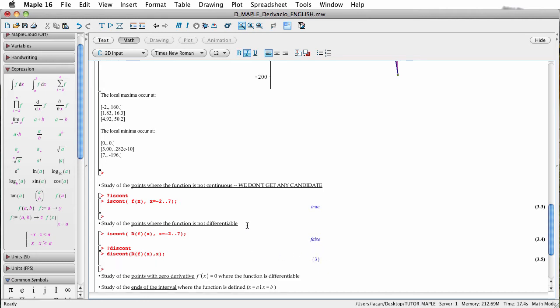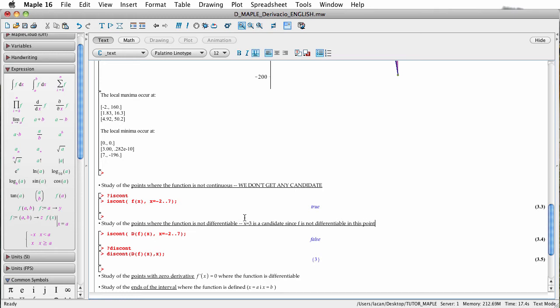Okay, so here we have x equal 3 is a candidate since f is not differentiable in this point.